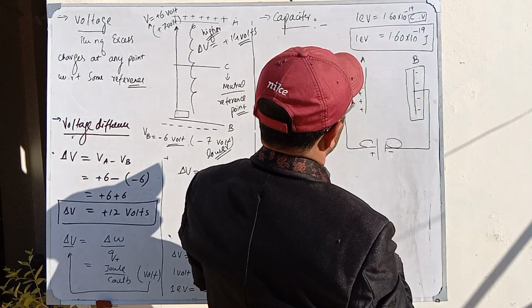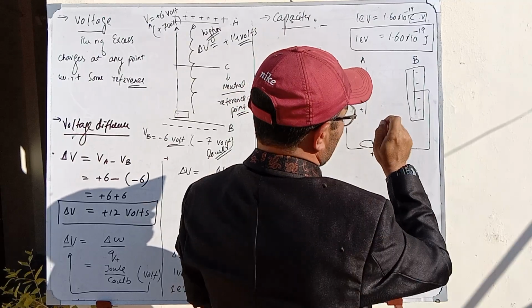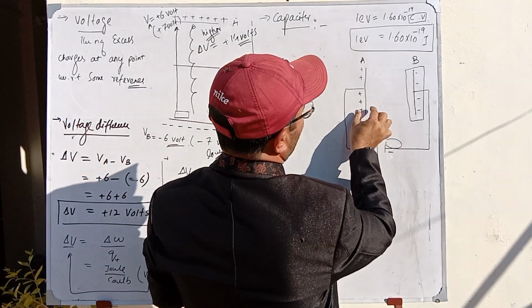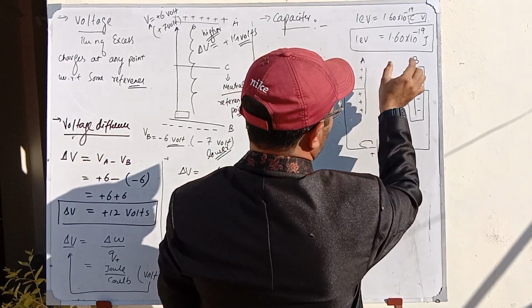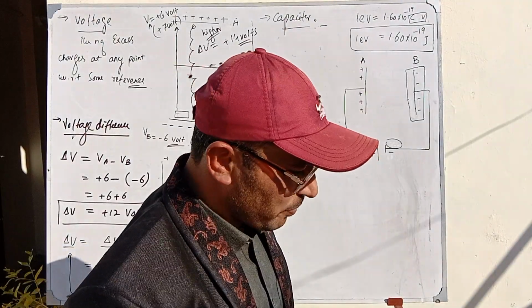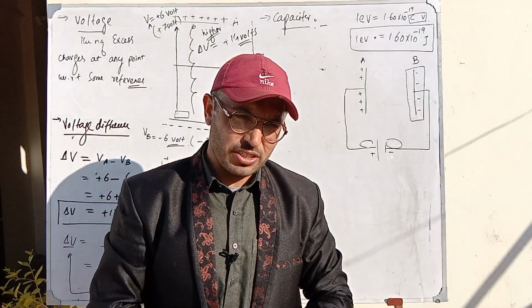So in this way, some potential difference is created, due to charging or storing of electric charges between point A and point B. Inshallah, in the next lecture we will clarify how much charge will be stored by a capacitor.